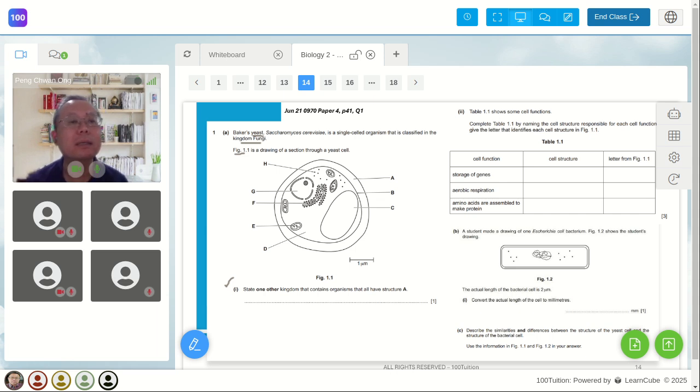Jamuna, maybe you can tell me what structure A is? Structure A is the nucleus. Okay, it's at the outer part, here, right? Okay, why is it the nucleus?